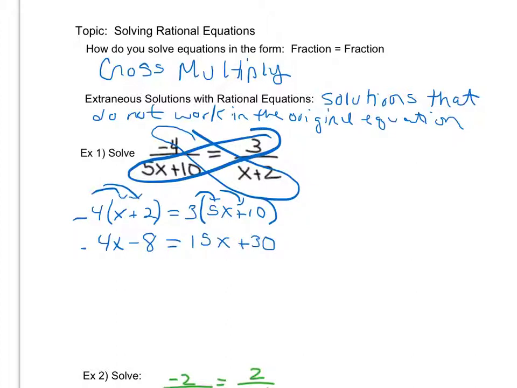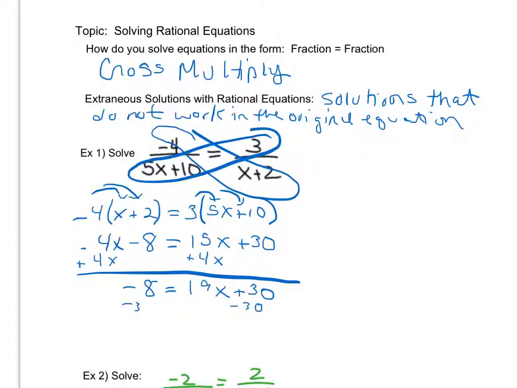Combine like terms on each side, and I'll combine my x's. -8 equals 19x plus 30. To isolate the variable, I'll subtract 30, and I get -38 equals 19x. Dividing by 19, my 19's cancel, and I'm left with x equals -2.